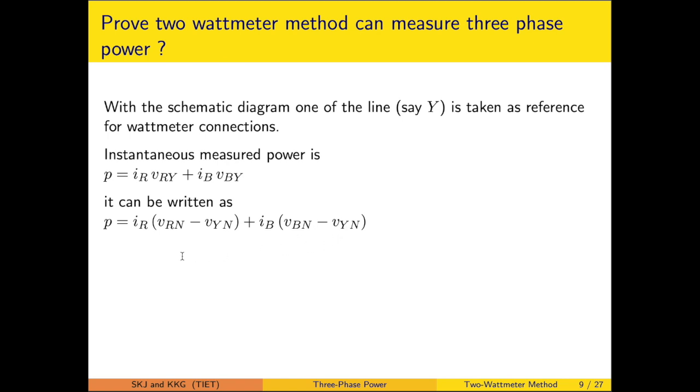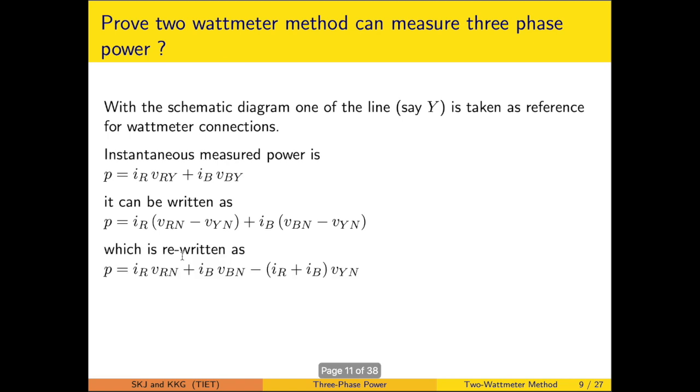We will be able to rearrange these terms, so the equation is written in the form IR VRN plus IB VBN minus (IR plus IB) VYN. Now this is a phase quantity, and this is a phase quantity.